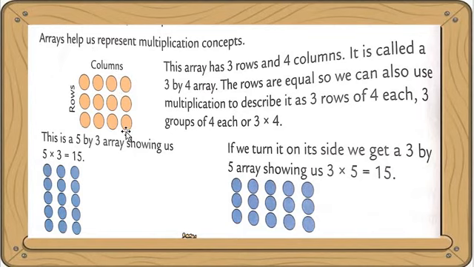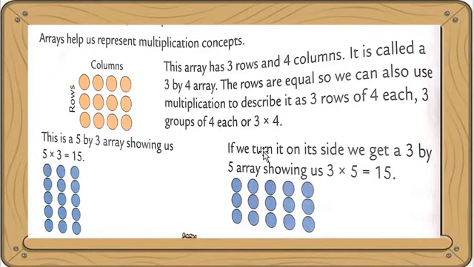How many circles are here? 4 and 4 and 4 in a row, but this side is 3 and 3. So 3 multiplied by 4. So this is a 3 by 4 array. 3 4s are 12. Understood? I hope you all understood.